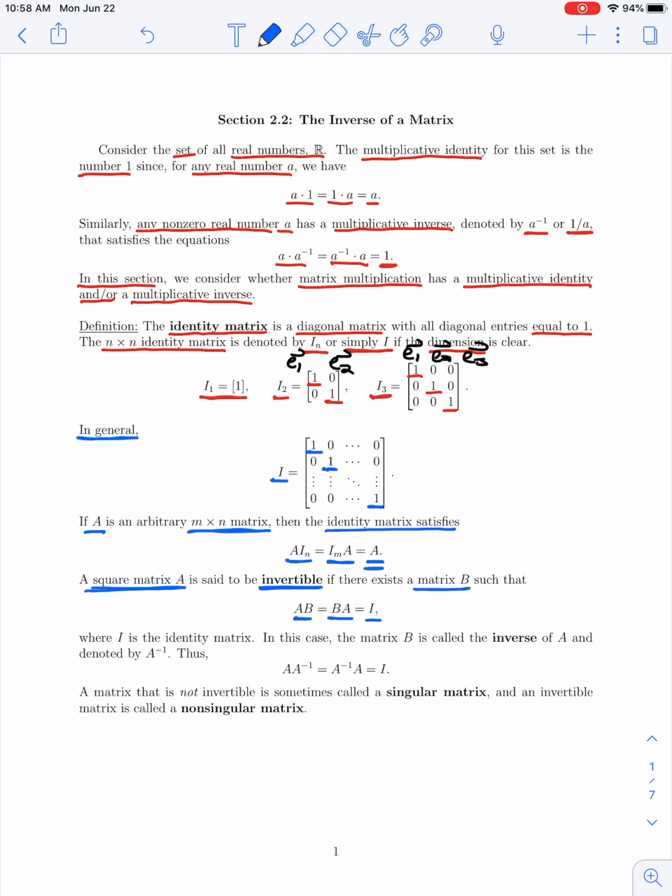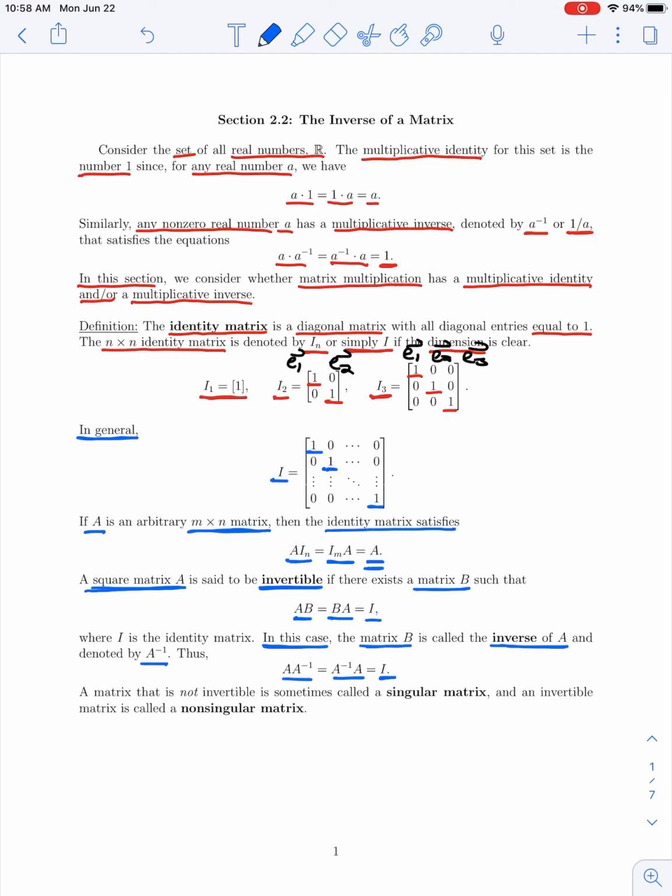And in this case, if such a matrix exists, this matrix B is called the inverse of A and is denoted as A inverse. So what we have here is that the product of A with its inverse is equal to the identity matrix, provided that this matrix is invertible.